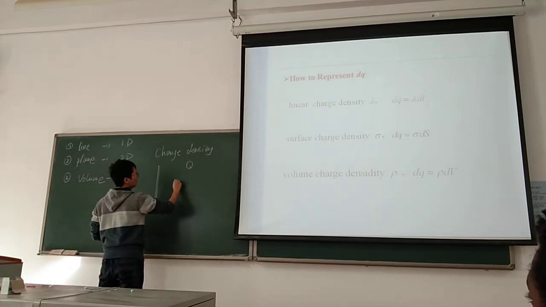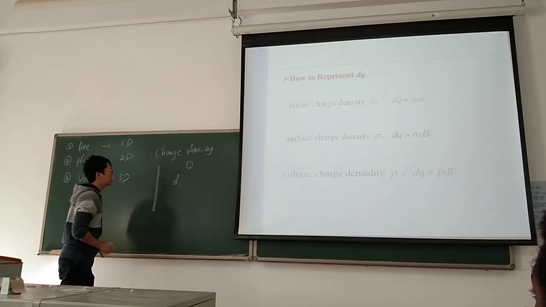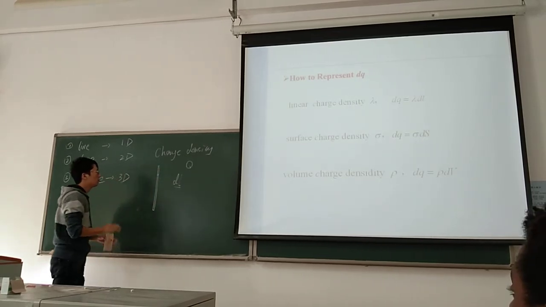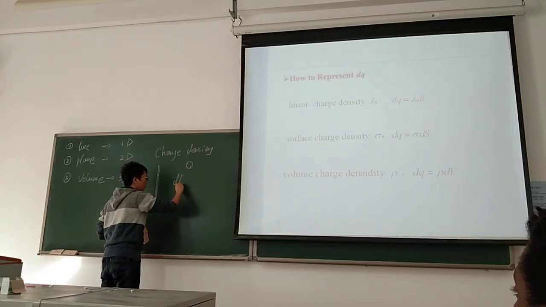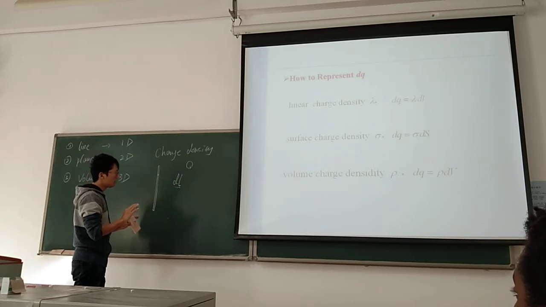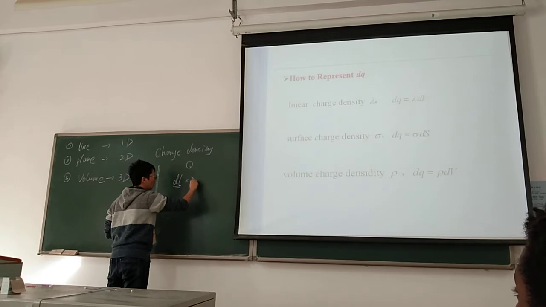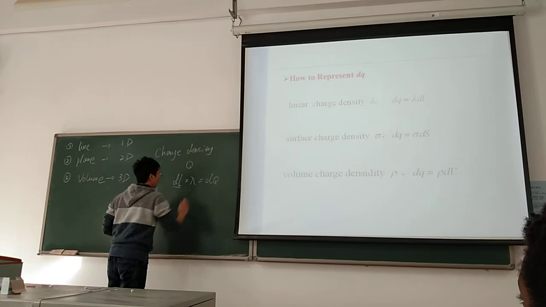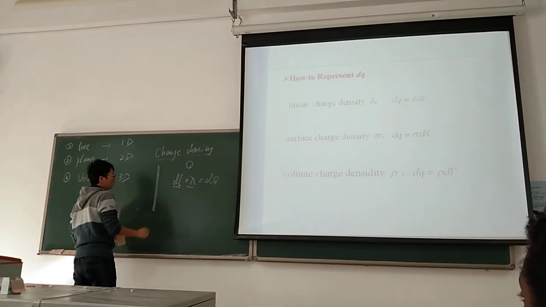we take dl here, which means a little piece in this line with a very little length, dl times lambda equals dq, and lambda is the charge density.